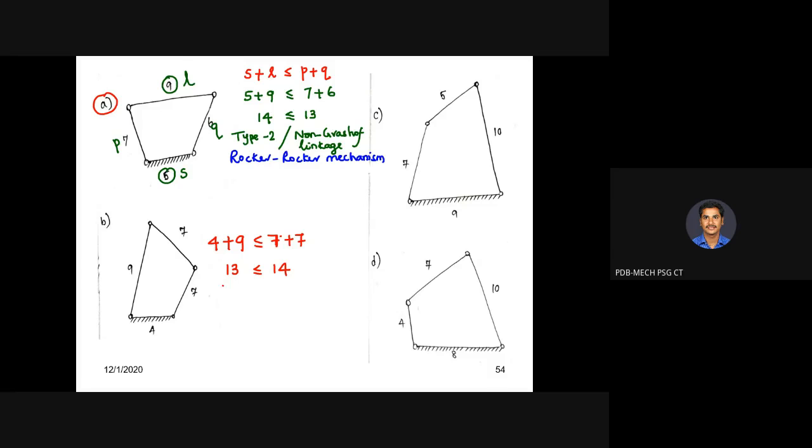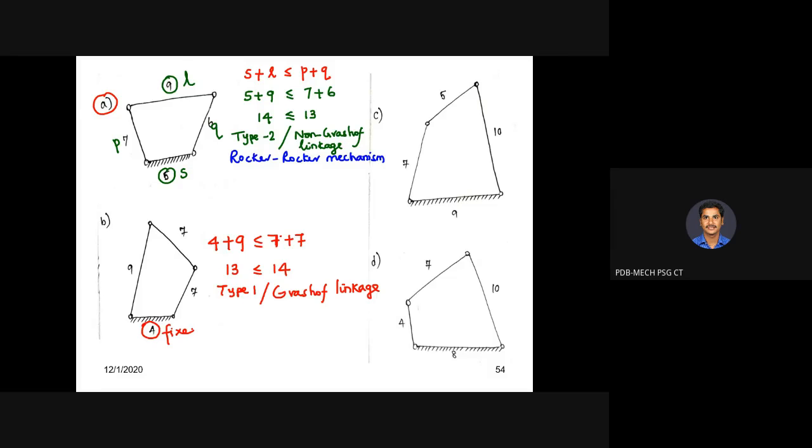So it belongs to the type 1 criterion, that is, a type 1 mechanism. It is called type 1 or Grashof linkage because it is obeying the inequality criterion. So now tell me what mechanism you are going to obtain here. The fixed link is the smallest link, correct or not? So the smallest link is fixed here.